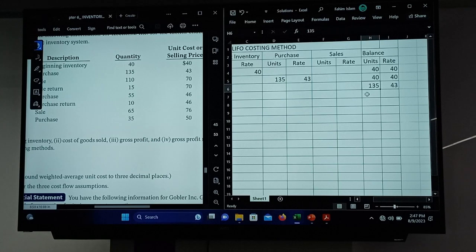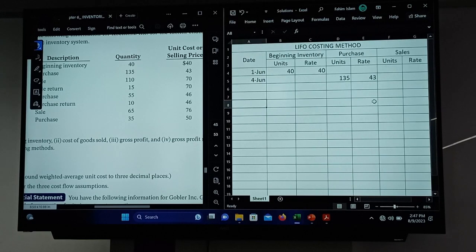Now we add the units only, not the rates, so we have 175 units of products.